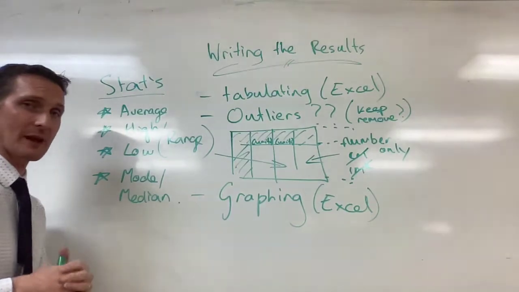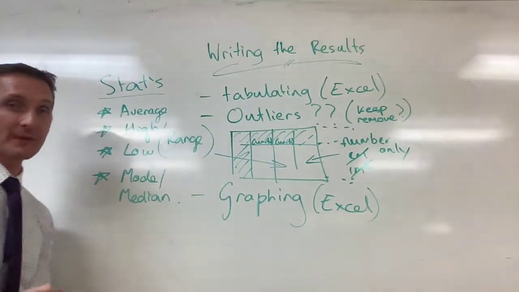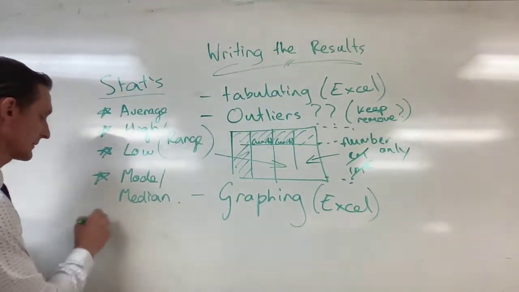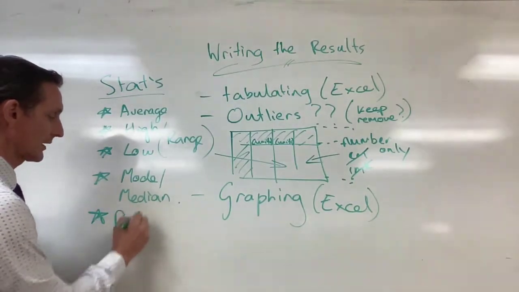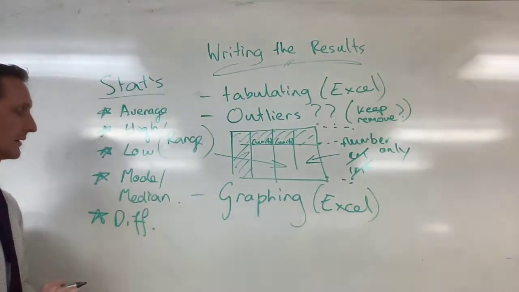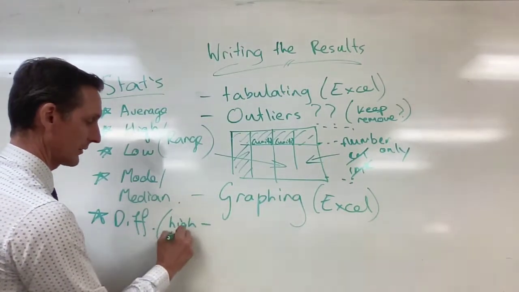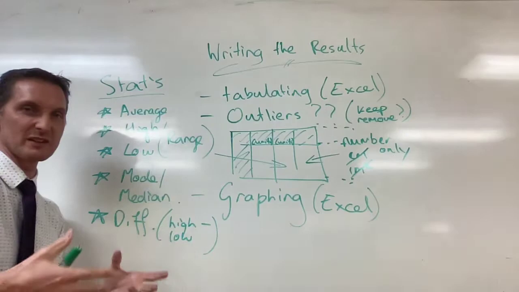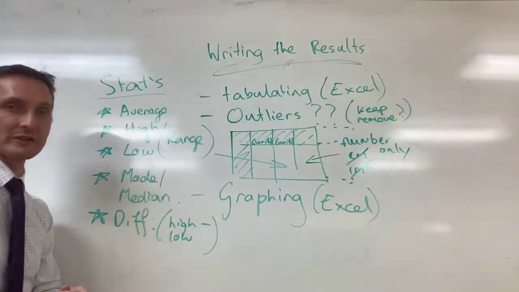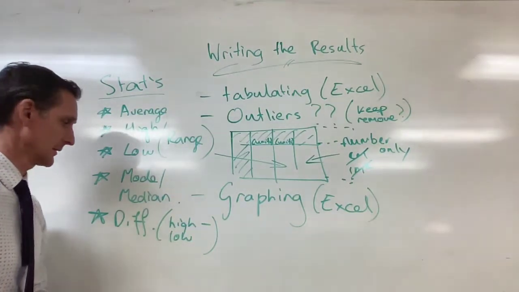And a lot of the times it comes from your hypotheses. If you're comparing and contrasting, then you want to look at the difference. So it might be high minus low, because that's a significant number that we really want, because that was in your hypotheses.